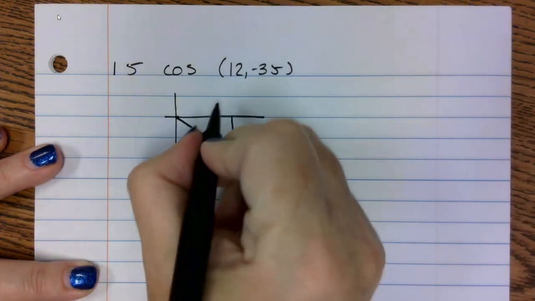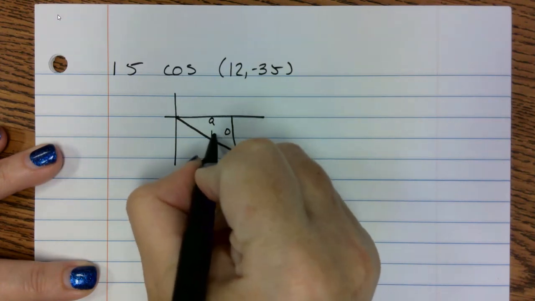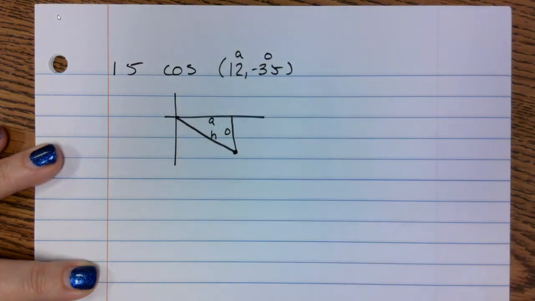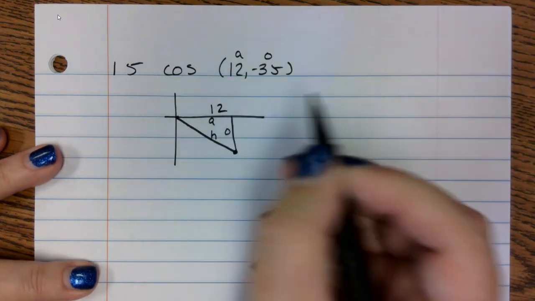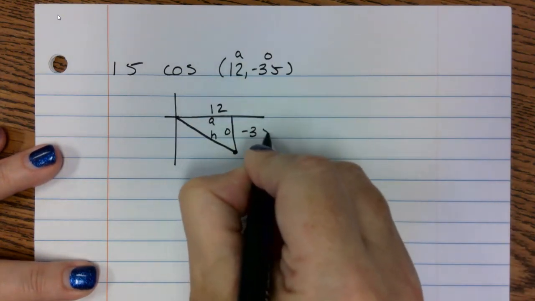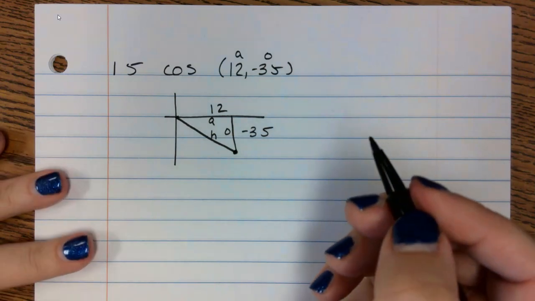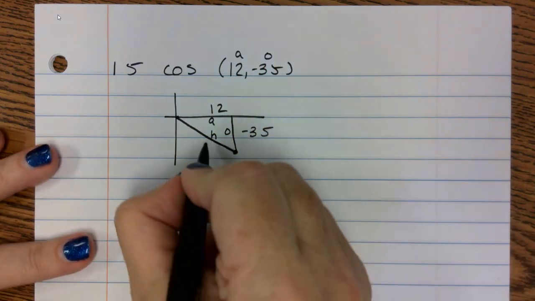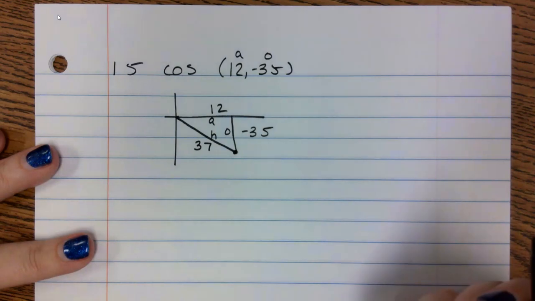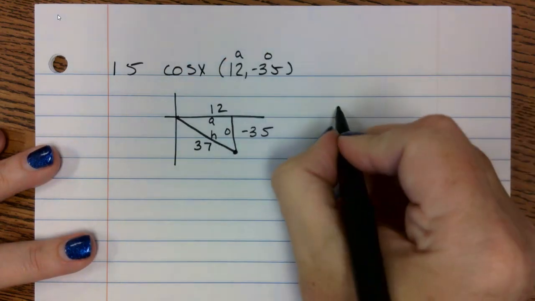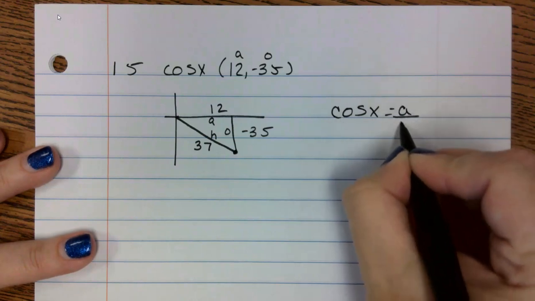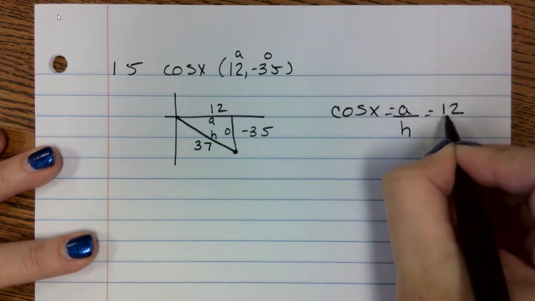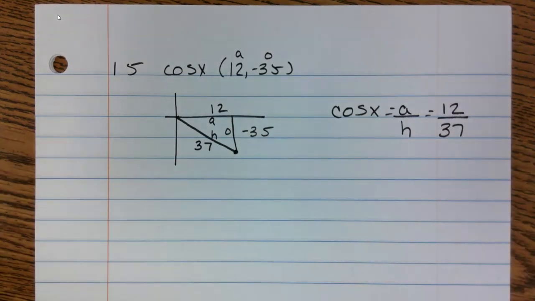You're going to draw always to your X, A, O, H, A, O. Okay, sorry, I digressed. 12 and negative 35, and my missing side is 37. So cosine is nothing more than A over H. So 12 over 37. That was kind of fun.